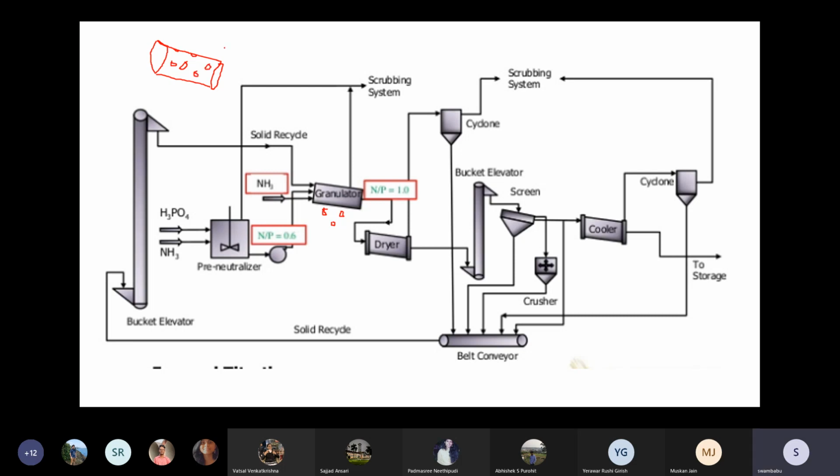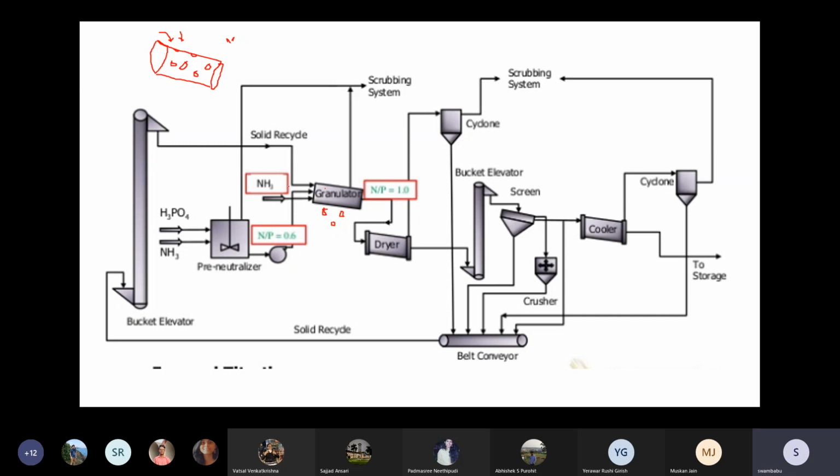The perforations are made in such a way that they are nodule shaped. So the slurry flows over this drum, and through these nodules, the thick slurry droplets are dropped down.